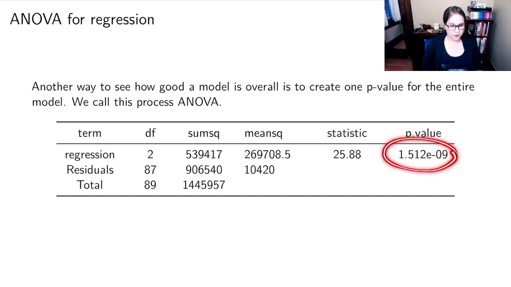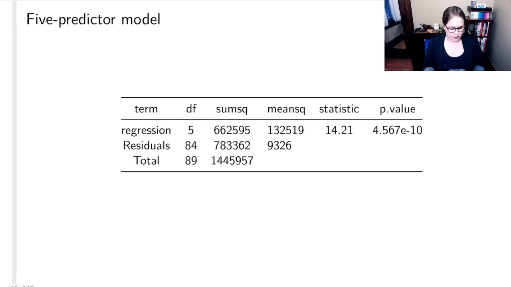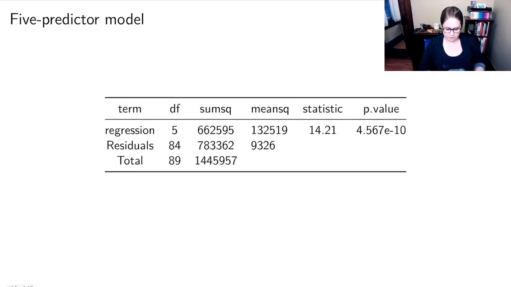So this p-value will tell you if your model is significantly better than just using the mean, which it almost always is. So this one is 1.5 times 10 to the negative 9th, very small p-value. It's better than using the mean. And we could do the same thing with our 5 predictor model. Our degrees of freedom are a little bit different, but again, we get a statistic for the overall model and a p-value, and it looks like this model is also better than the mean.